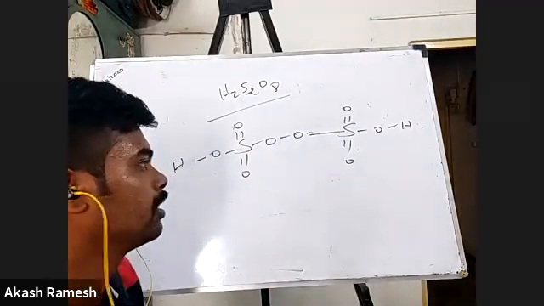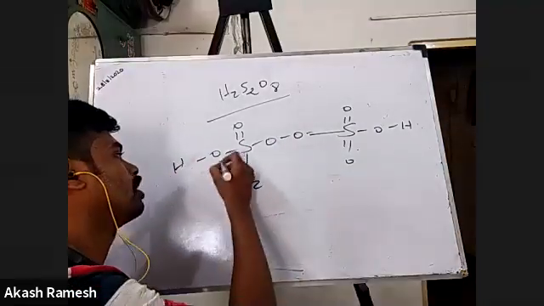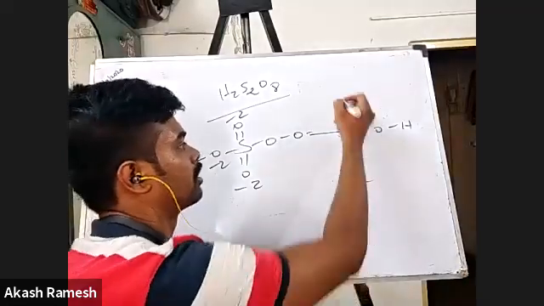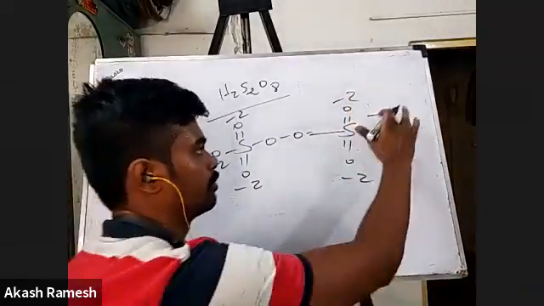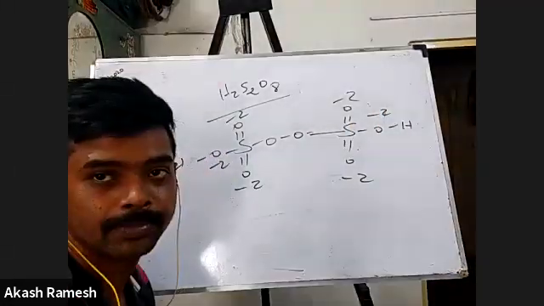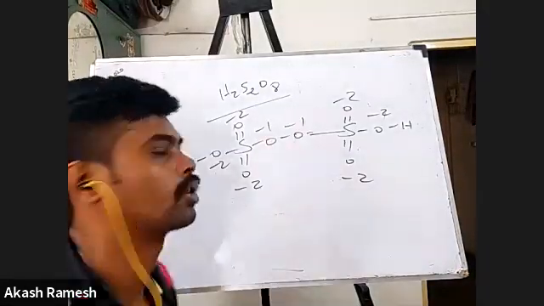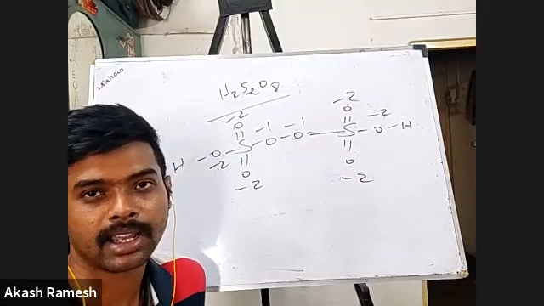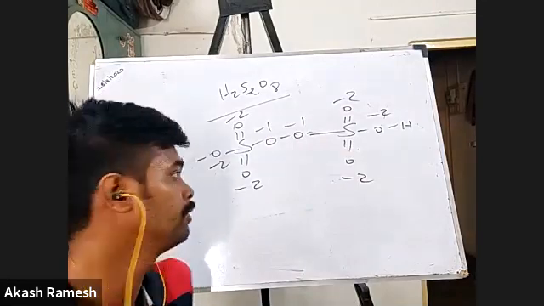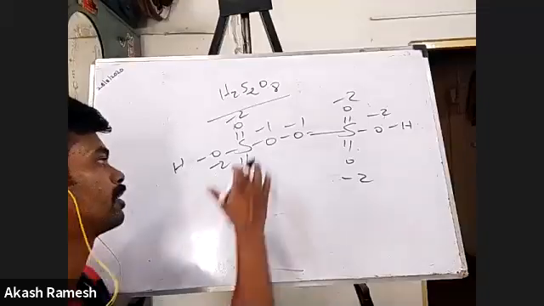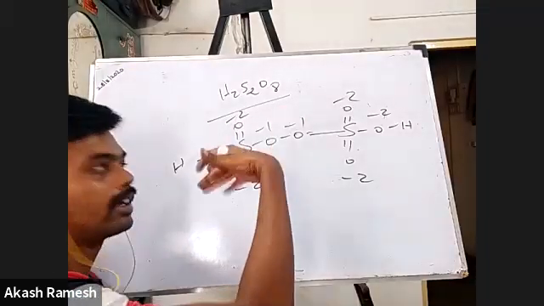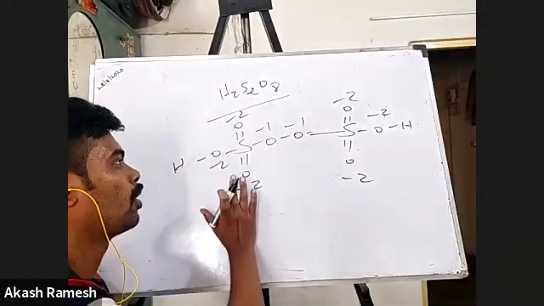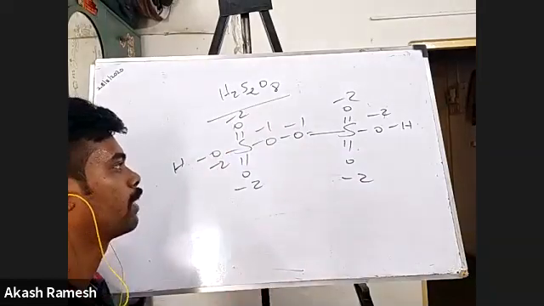Right? So again, I know all 6 oxygen atoms here are going to have -2, and these 2 are going to have -1 and -1. Okay. So now you can easily calculate what will be the oxidation number for sulfur. If I calculate, you don't even have to go for the calculation. You can easily see how it is happening. -2, -2, -2, -6.